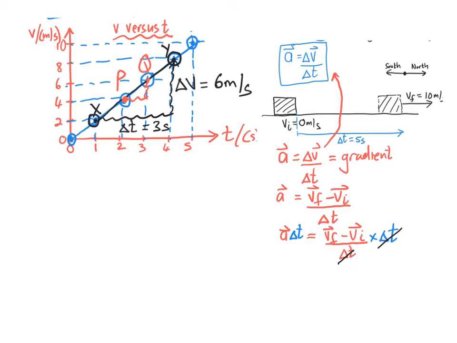And this now gives us an expression that looks like this. If I now take the minus V initial to the other side by adding V initial on both sides, then I get V final equals V initial plus a delta t.